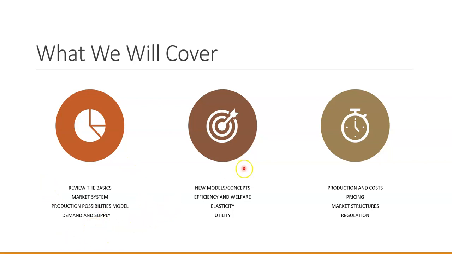From this, we are going to go to some new models and concepts. We're going to talk about efficiency and welfare. And when I talk about efficiency, I'm talking about, is the market that we are operating in maximizing the use of all of our available resources? And when I talk about welfare, I'm talking about who in the market benefits, the consumers or the producers.